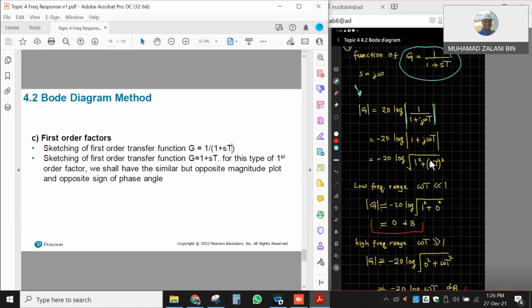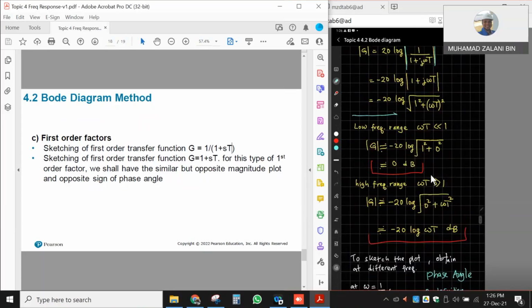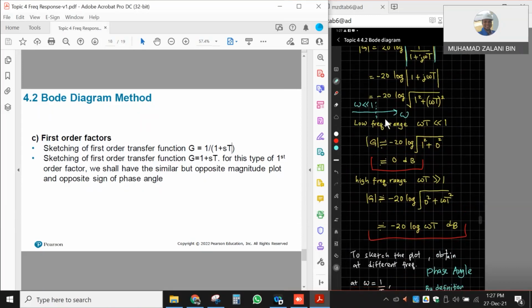Then we can divide this into several areas of frequency range. So if we have this axis of omega, suppose that we can divide it into a low frequency range, which is omega t smaller than 1, and a high frequency range defined as omega t greater than 1, like that.